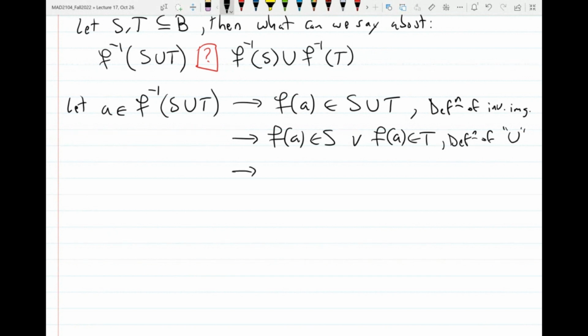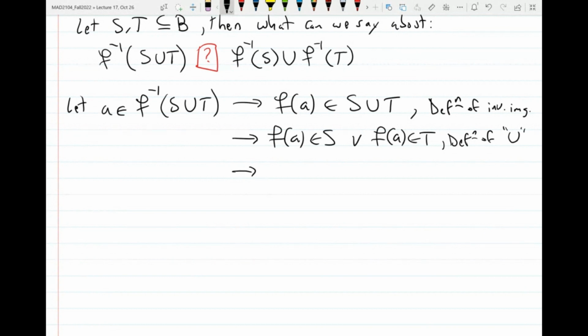Now, what can we say? F of A is in S. What does that mean? What can we say about A? A is an element that when you apply the function, it goes into S. So what can you say about A?